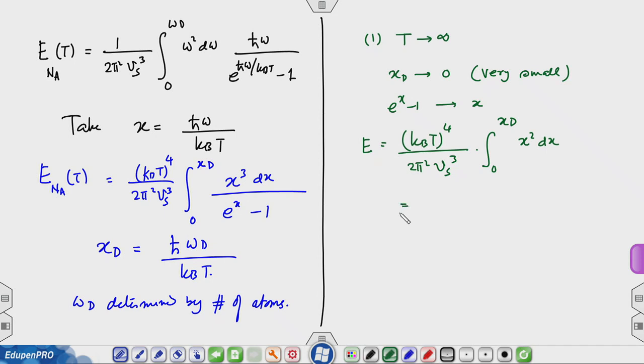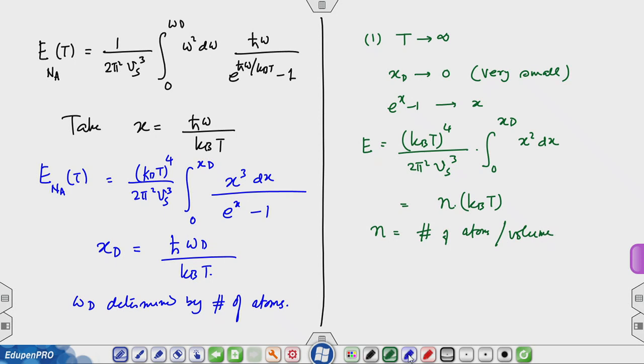And this is equal to n kBT, where n is the number of atoms per unit volume.